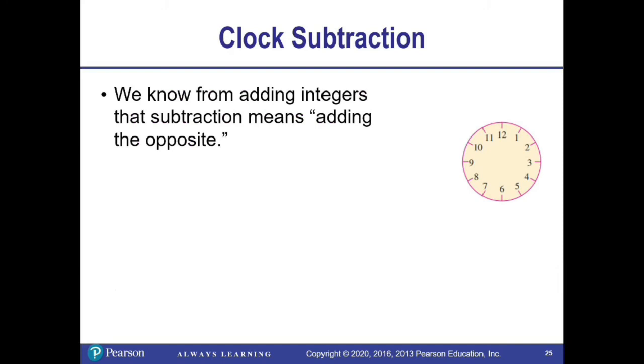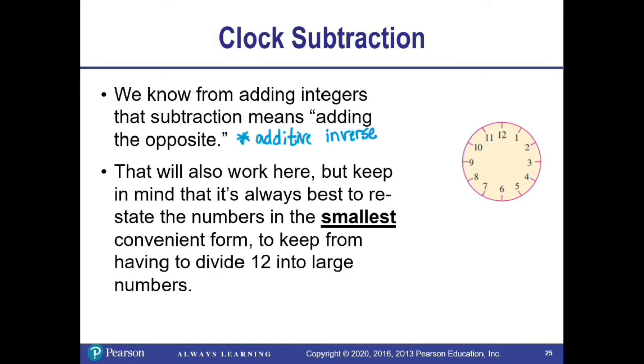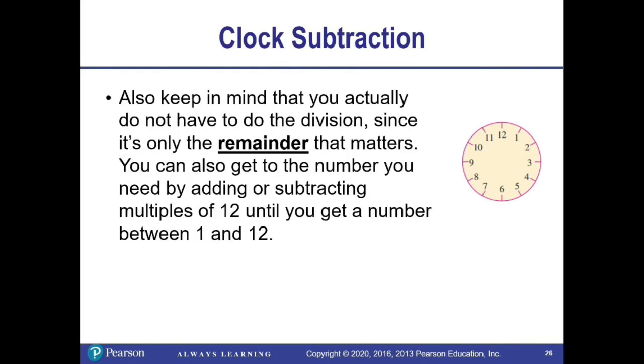Now, let's talk about subtracting on the clock. Subtracting means adding the opposite or adding the additive inverse. This is going to work here as well, but we always want to restate the numbers in the smallest convenient form to keep from having to divide 12 into large numbers.